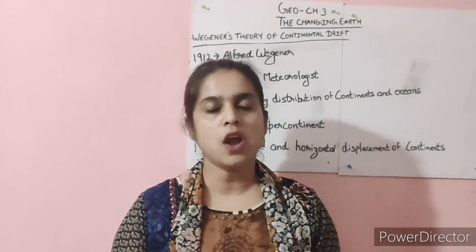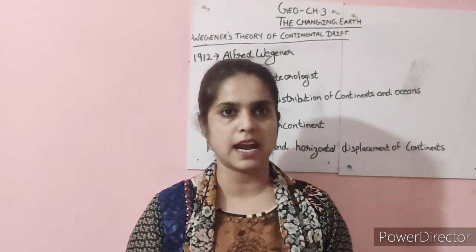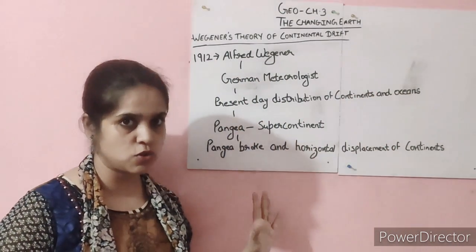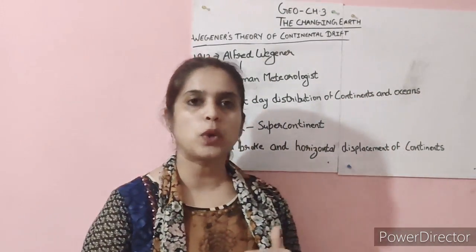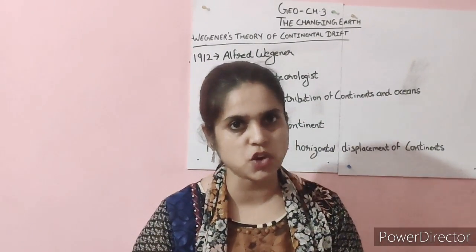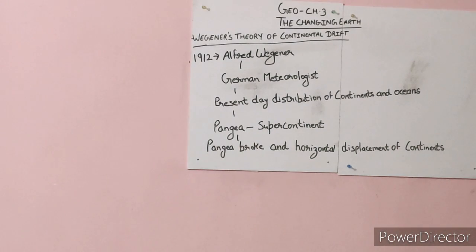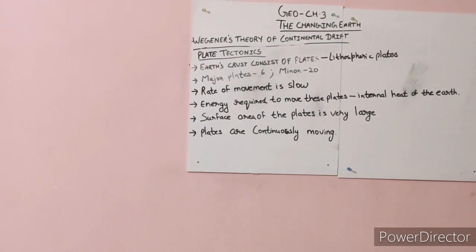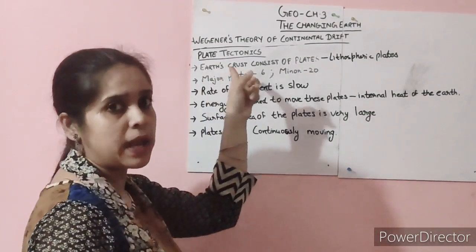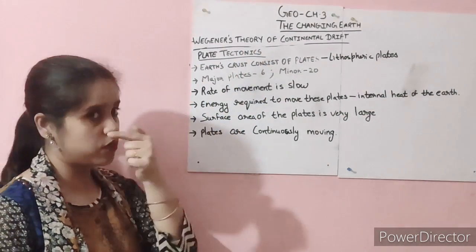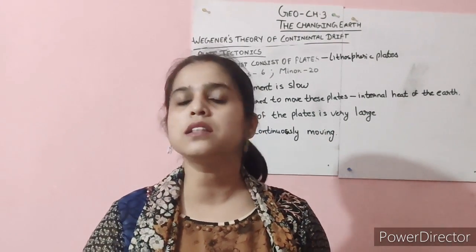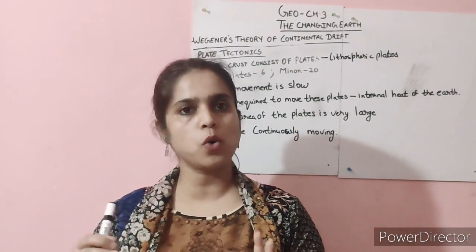Now we will study what basically we understand by plate tectonics. I hope you all have understood till here. Okay, so we'll be moving towards the next topic, that is plate tectonics. I told you that Wegener's theory of continental drift was improved by adding the concept of sea floor spreading.